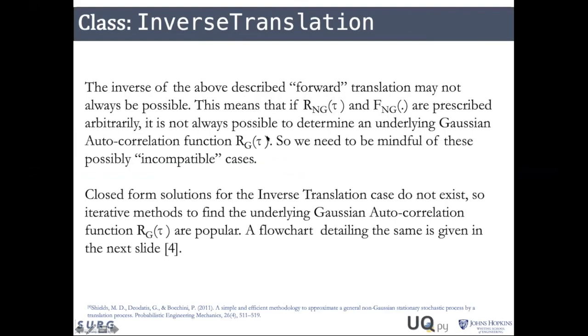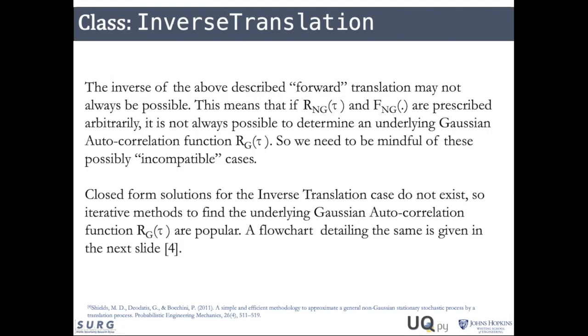So we need to be mindful about these incompatible cases when we are trying to map them back. Another point to note is that a closed form solution for inverse translation cases does not exist as such. So iterative methods to find the underlying Gaussian autocorrelation function are popular.